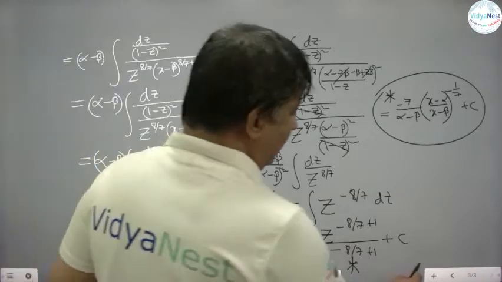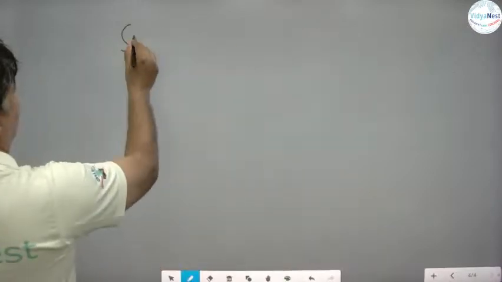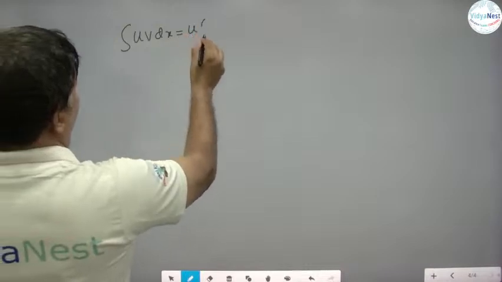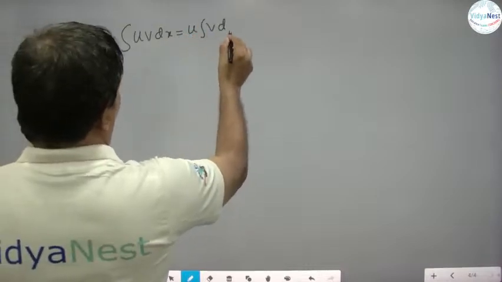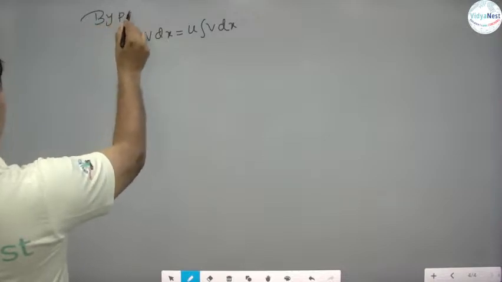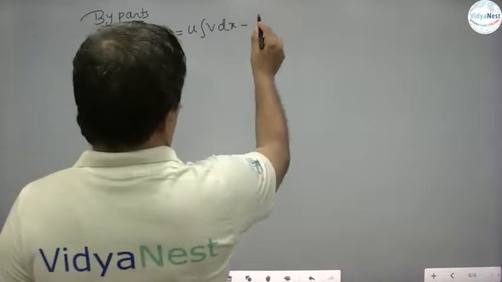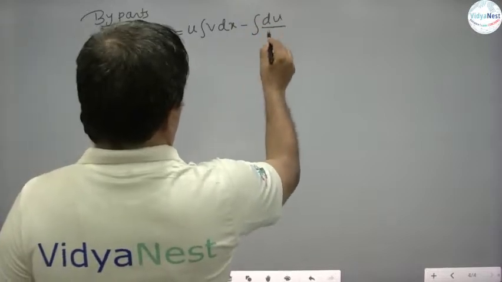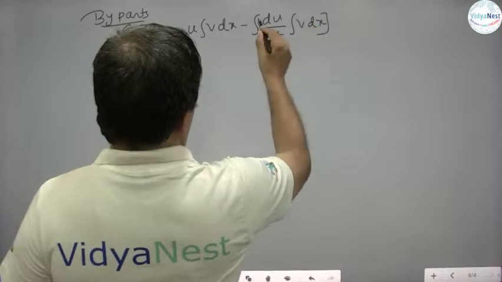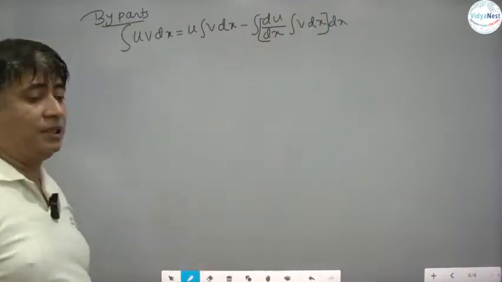Another type which you will get is integration by parts. By parts, product of two functions where u will be fixed, v is integration to be done by parts. That is also going to play an important part in JE level and board level also. That is differentiation of u, integration of v, and whole integrand will be integrated.